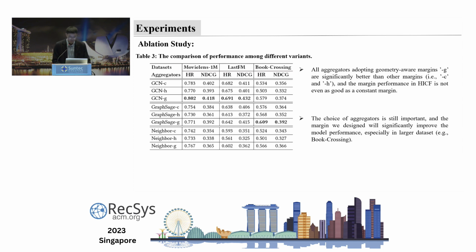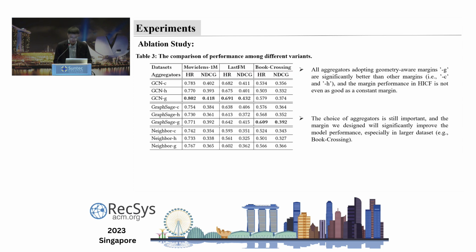We also summarize the comparison of performance among different variants in this table, and we found that all aggregators adopting geometry-aware margins are significantly better than other margins, and the margin performance in HICF is not even as good as a constant margin.